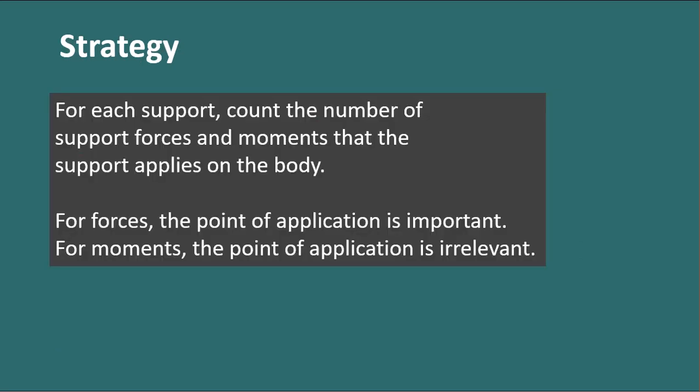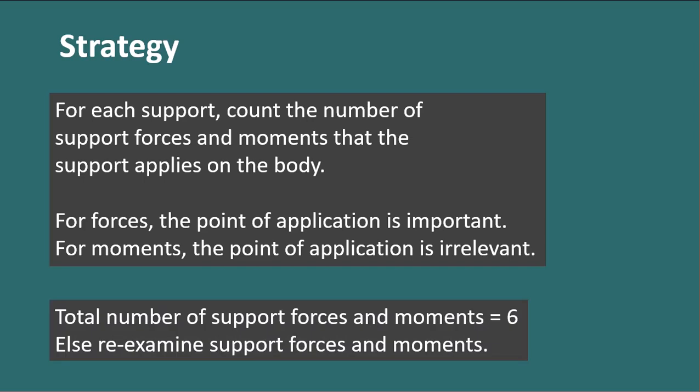What is the strategy? For each support, count the number of support forces and moments that the support applies on the body. For forces, the point of application is important, and for moments, the point of application is irrelevant. Count the total number of support forces and moments, which should equal 6.